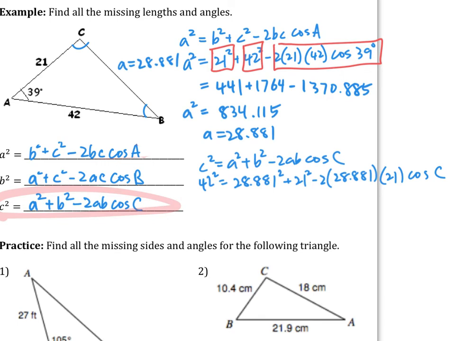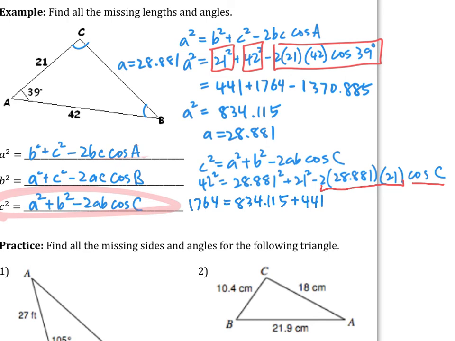Let me do that. 42 squared is 1764, equals 28.881 squared, which is 834.112. I had 115 before, let me just use 115. Okay, plus 21 squared, 441. All right, this part here is the coefficient of cosine C.